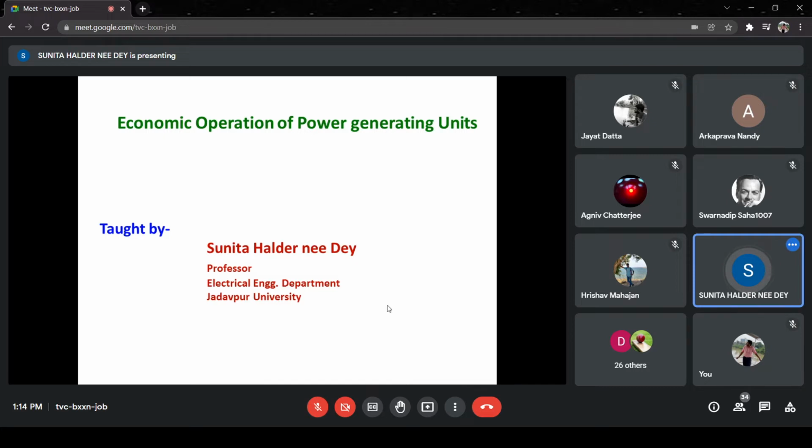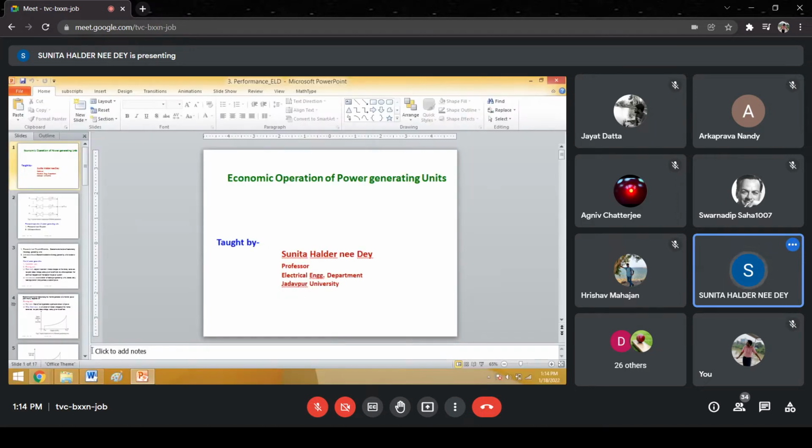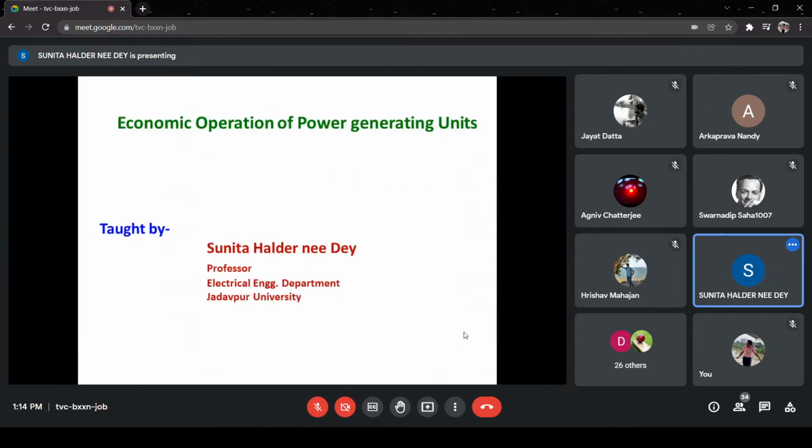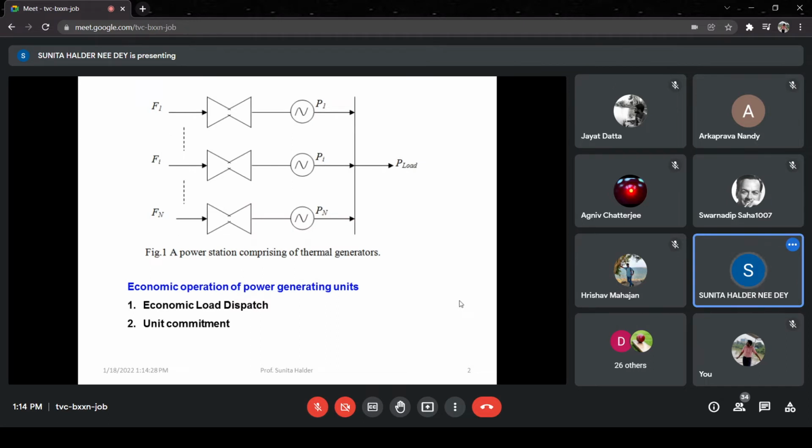Here we shall discuss the thermal power plant, right? So which types of costs are there? There is installation cost, the initial cost for installation, then running cost to run that plant.